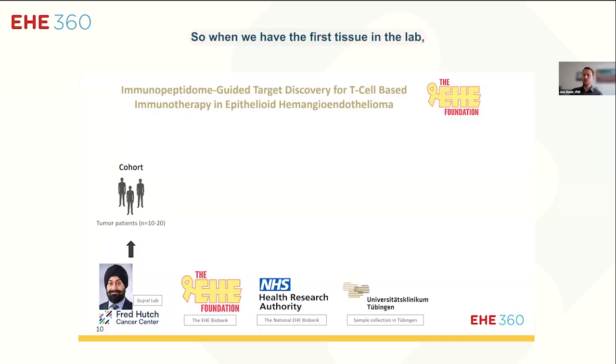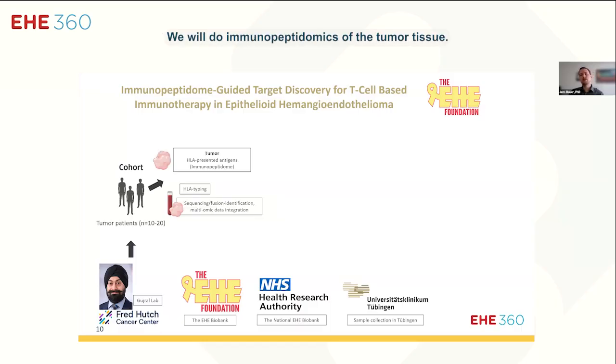When we have the first tissue in the lab, we will start analyzing the tumors. We will do immunopeptidomics of the tumor tissue. We will do HLA typing if we can from the tumor or from a blood sample that we can collect, to have a better characterization of the immunopeptidome of the patient. If available, we will use the sequencing information of the fusion or other multi-omic data to integrate our datasets and select and characterize the immunopeptidome of these patients.